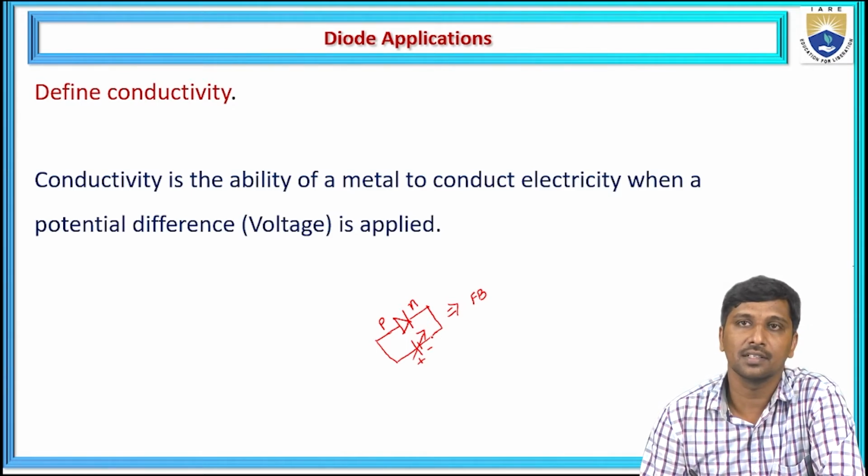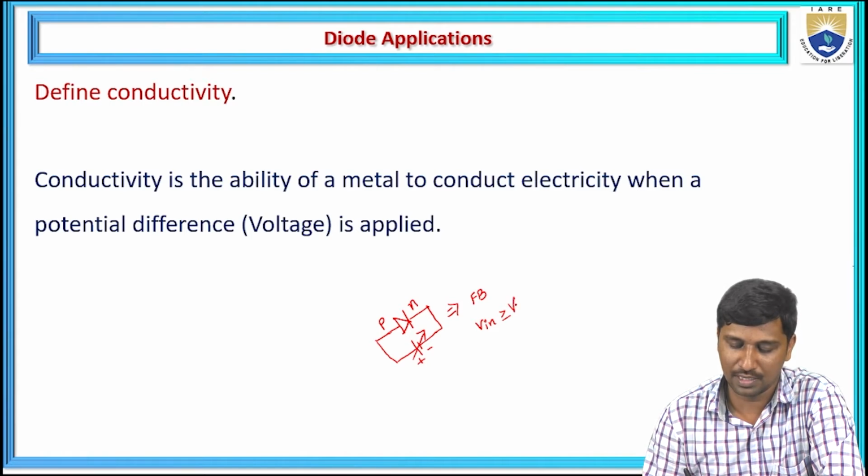Based on the PN junction diode principle, when the diode acts as a forward bias, it allows conduction across the PN junction diode. So your applied force or input voltage must be greater than or equal to the cut-in voltage of the PN junction diode.